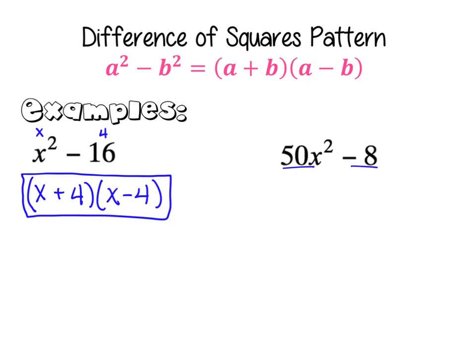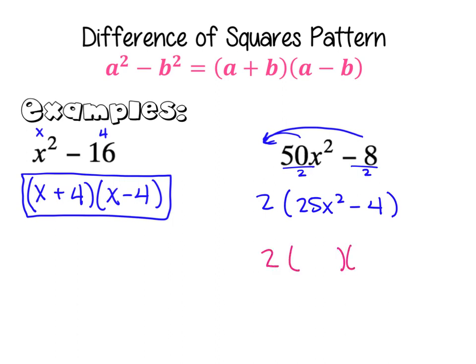In the next one, before I can do that, I see that there's something that I can divide both of those terms by. And I could divide them both by 2. So if I undistribute a 2 first, I would have a 2 on the outside, and then 25x squared minus 4 left on the inside. So now I'm looking just at the part in parentheses. I know my final answer is still going to have a 2, but I want to be able to break what's left into two binomials.